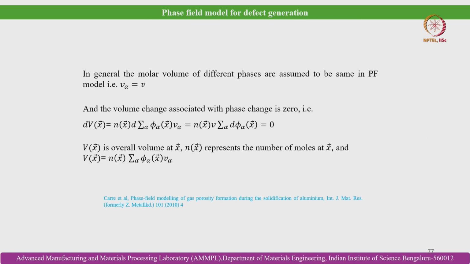Okay. So, in general the molar volume of different phases is assumed to be the same in the present PF model. That means the molar volume of any phase alpha, that is V alpha, is equal to V. Whether it is alpha or beta, all the phases' molar volume is assumed to be equal, that is V, and the volume change associated with phase change is considered as 0, that is dV x bar = n x bar d summation of alpha phi alpha x bar V alpha is equated to 0.